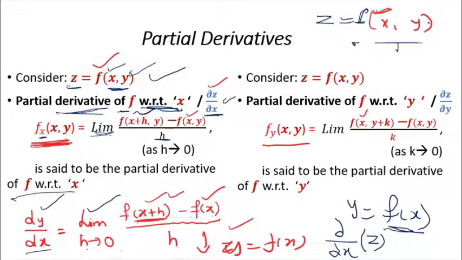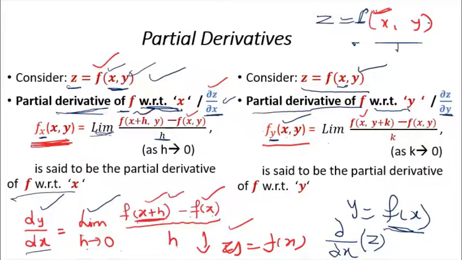Similarly, we can differentiate the same function z = f(x, y) with respect to y. In that case, we don't change x. So here you have the partial derivative of f with respect to y. You will denote it with ∂z/∂y, and write it as f_y(x, y). It is equal to the limit of, now in x and y the change should be only in y, not in x. x is treated as constant, so keep x as it is.